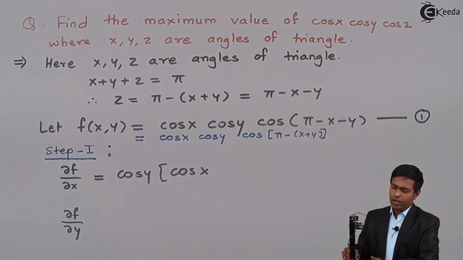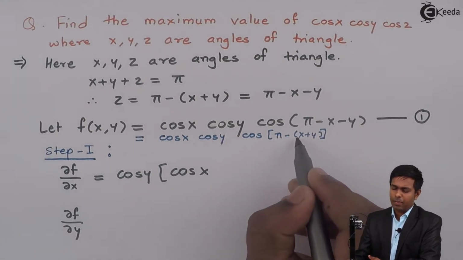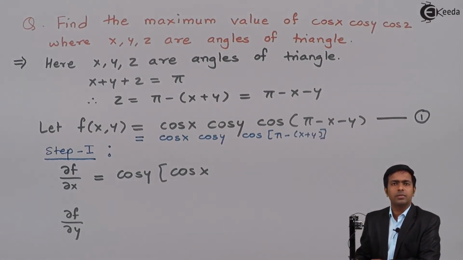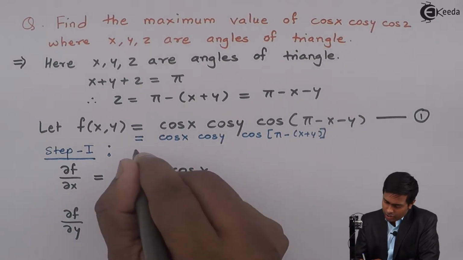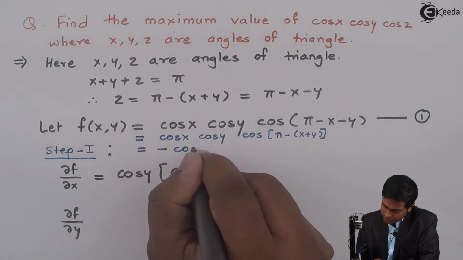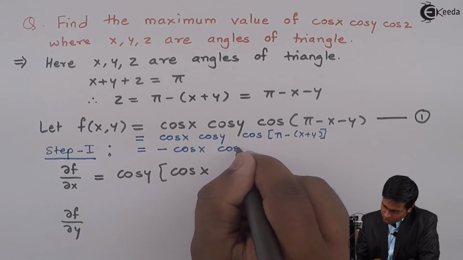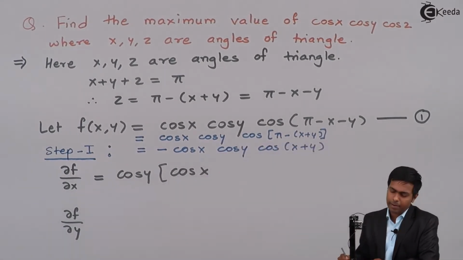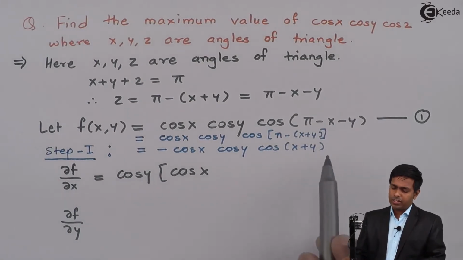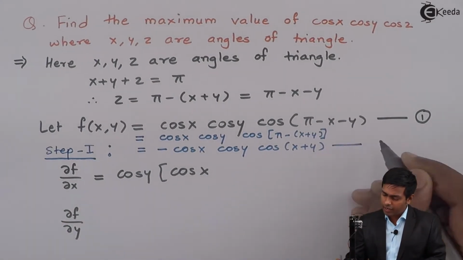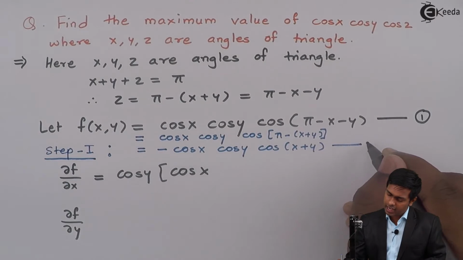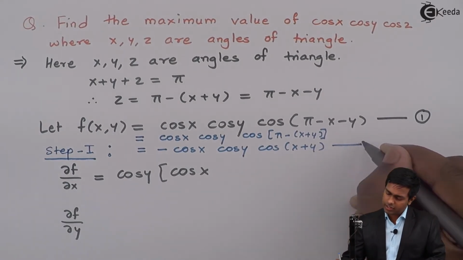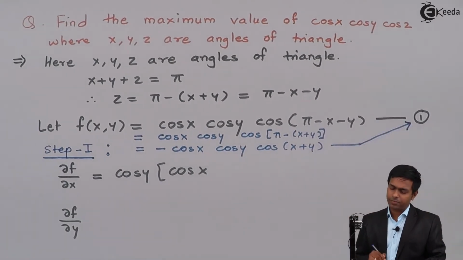Here we have the formula of cos of pi minus theta, and we know that it is minus cos theta. So here we will get minus of cos x into cos y into cos of x plus y. Now this is the new function f of x comma y, and we'll say this is equation number 1. So actually this is our equation number 1.